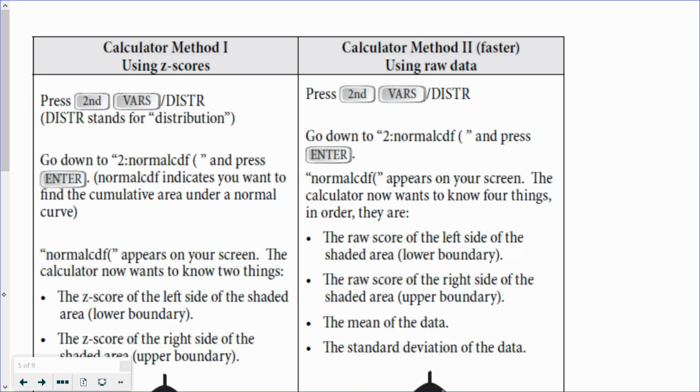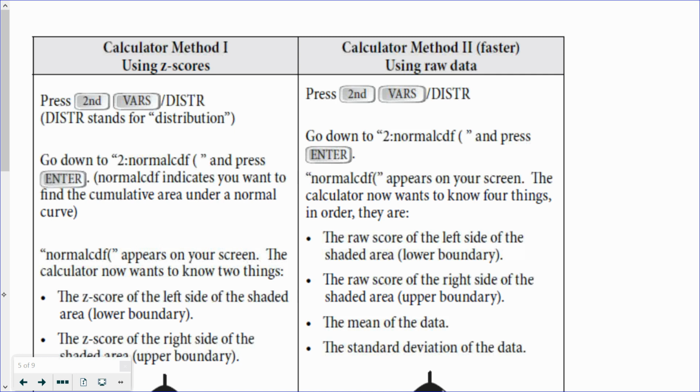Sorry, I was looking at the wrong screen. So second VARS distribution. You scroll down to number 2, it says normal CDF, and it kind of opens a bracket, and press enter. So now it should be on your main screen. It should say normal CDF and a bracket.